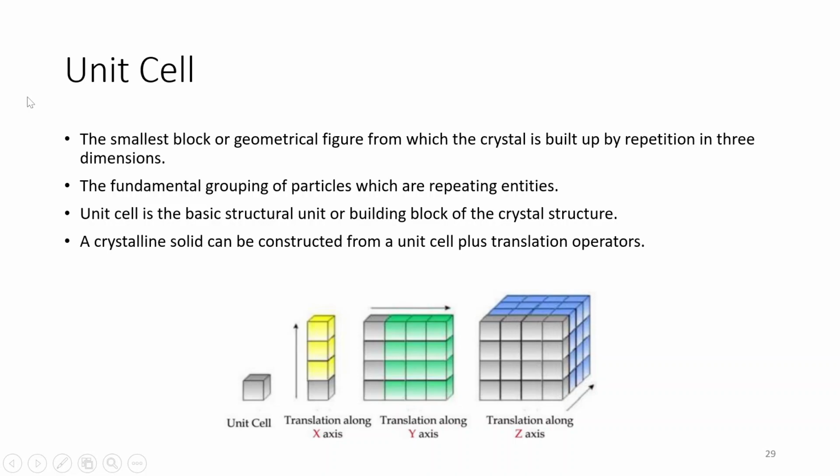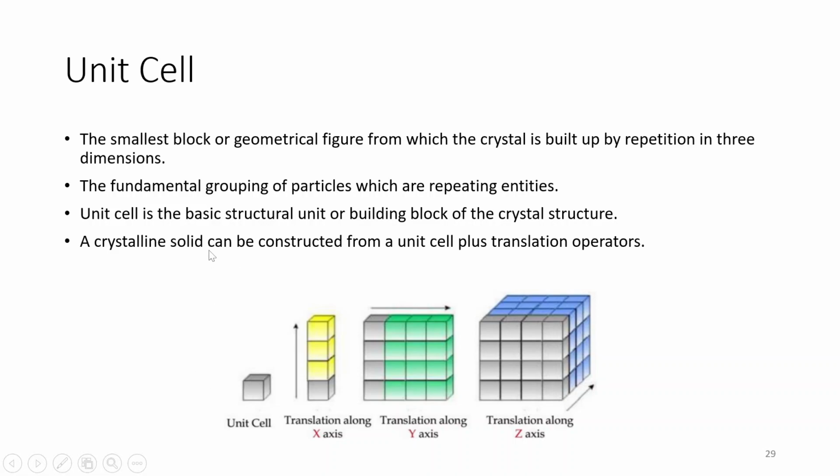Next is the unit cell. It is the smallest block or geometrical figure from which the crystal is built up by repetition in 3 dimensions, and the fundamental grouping of particles which are repeating entities. So the unit cell is the basic structural unit or building block of the crystal structure.